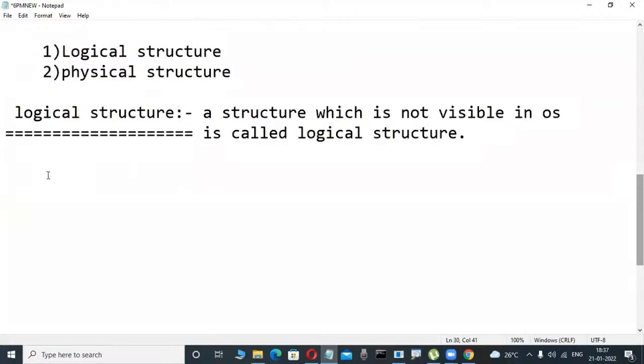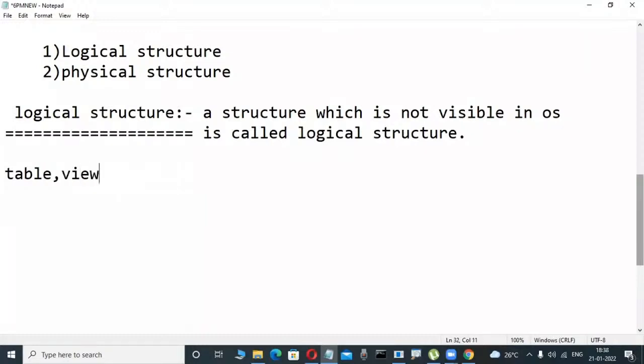But in this logical structure only, developers are working. Suppose I'm a PL/SQL developer, you are a SQL developer, Java developers, .NET developers, Python developers, ETL developers. All these persons are working in a logical structure. That logical structure contains tables in Oracle, and SQL Server also has tables. MySQL also has tables.